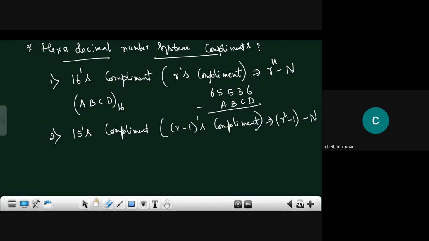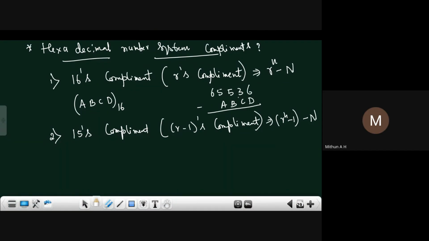What subtraction should you do? This is hexadecimal subtraction. You should do hexadecimal subtraction.